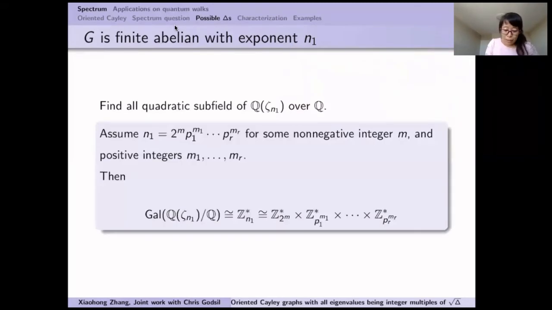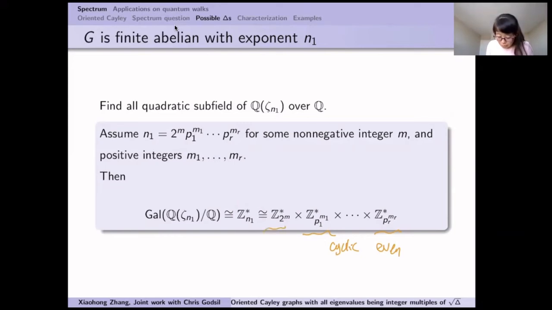If we check the factorization of the exponent N1, we know what this multiplicative group looks like. It can be factored as a direct product. For all the odd prime parts, they are cyclic and of even order, so each of them has a subgroup of index 2.